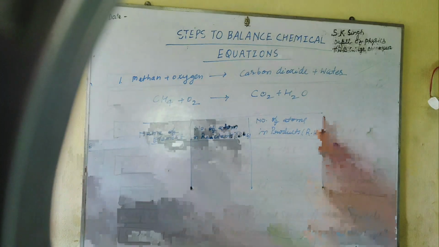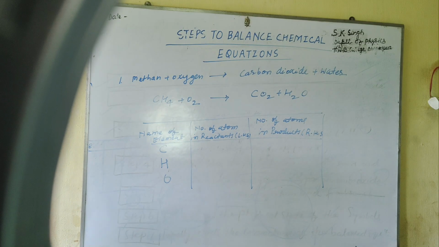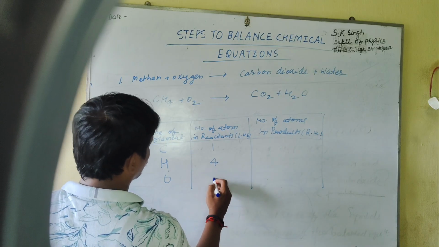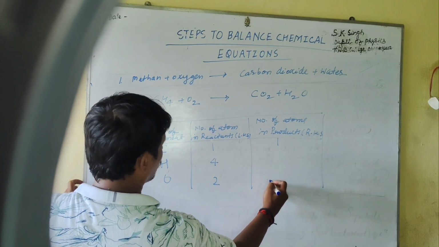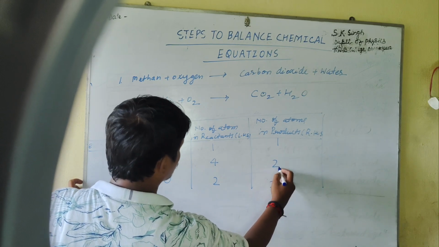How many atoms? There is carbon, hydrogen, and oxygen. On the left, carbon is 1, hydrogen is 4 and oxygen is 2. On the right, carbon is 1, oxygen is 2 and hydrogen is 2.